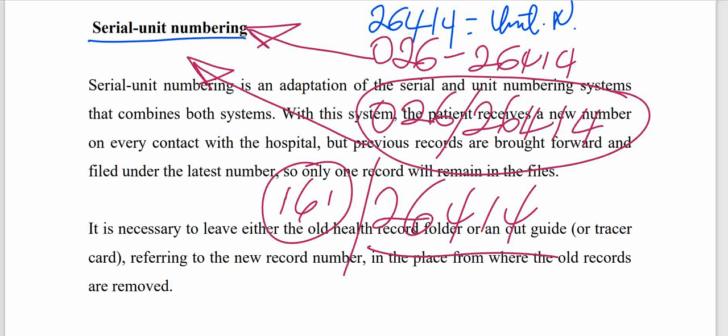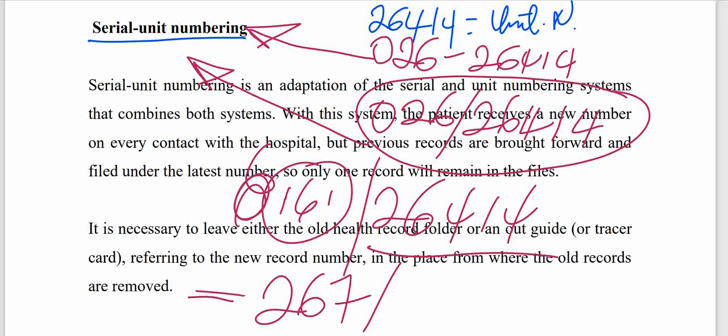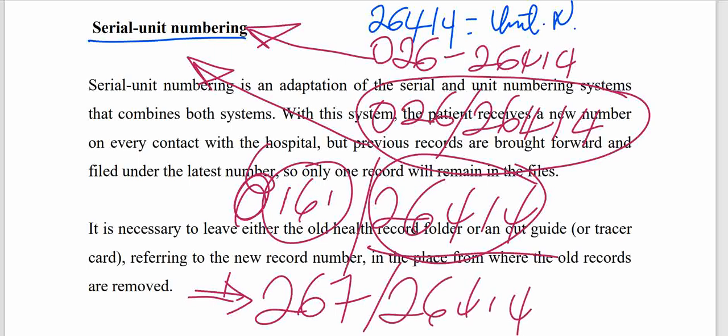Next week, if the same patient comes to the facility, it may find us at number 267, okay? And we will not use this one, because we have to give the patient a new number, which today is 267. But we don't change this. So therefore, we still bring this one here. You get?